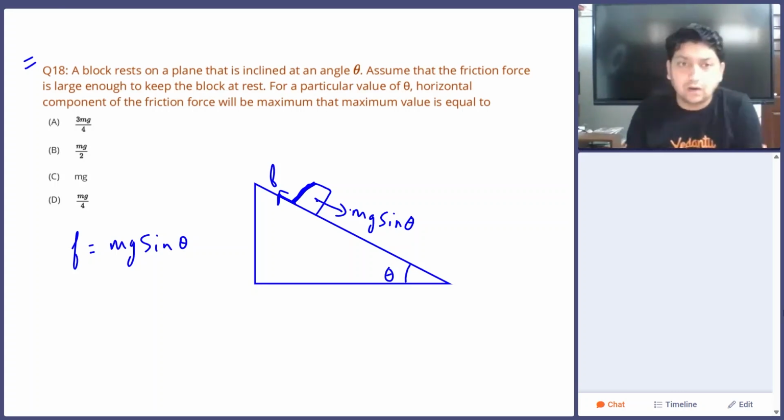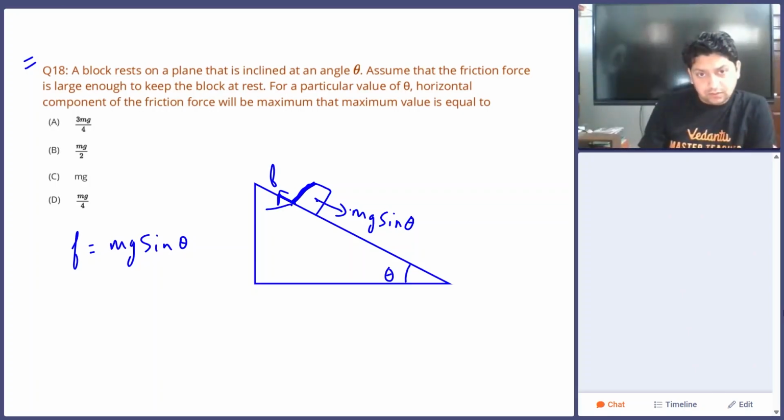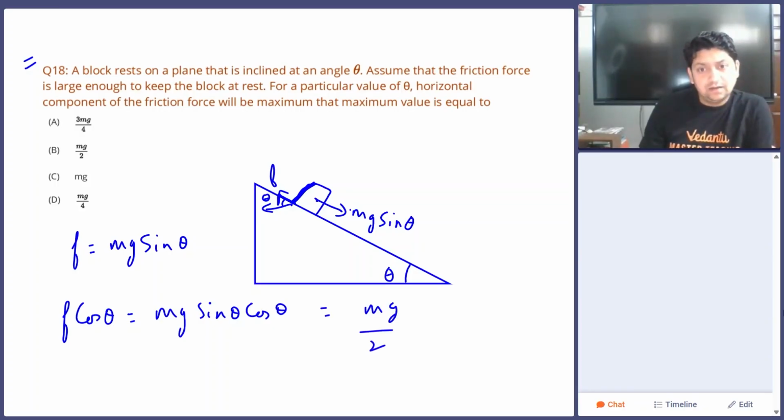Now we need to figure out the horizontal component of friction. So the angle will also be theta. So f cos theta will be equal to mg sine theta into cos theta, which can also be written as mg by 2 sine 2 theta.